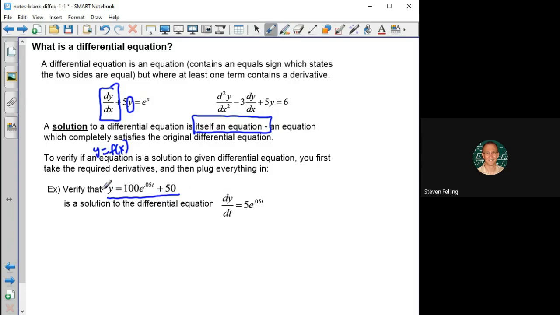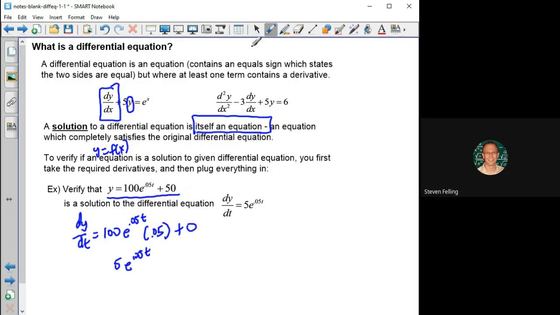So dy/dt, well, let's see. We have a constant here. Here's a t, so the derivative is a copy times the derivative of the inside, which is 0.05. And because this is a constant here, the derivative is 0. So this would be 0.05 times 100, so that's 5e to the 0.05t.